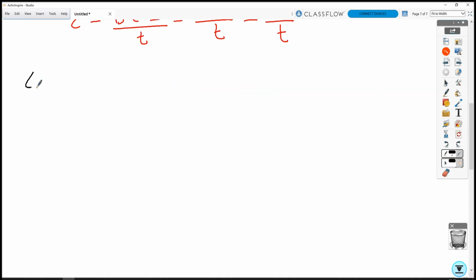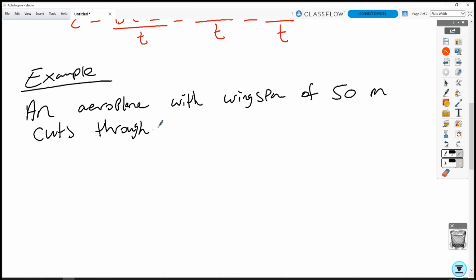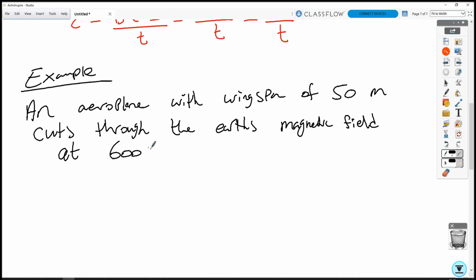Let's do an example. An airplane with wingspan of 50 meters cuts through the Earth's magnetic field at 600 kilometers per hour.